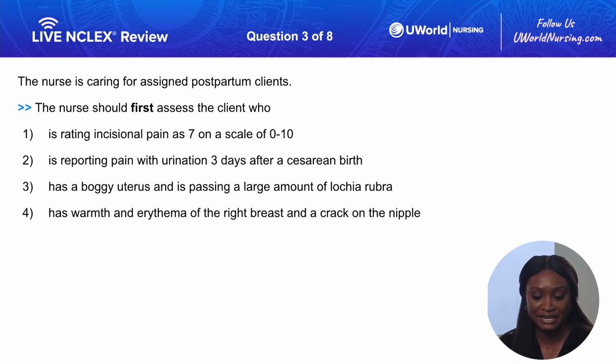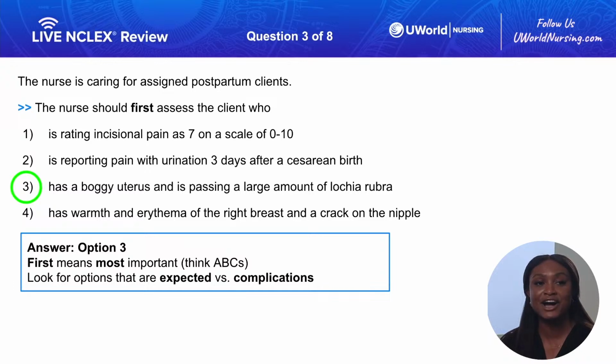Oh, lots of great answers. This one seems to be easy for you guys. Correct answer is option 3, has a boggy uterus and is passing a large amount of lochia rubra. Lochia rubra is bright red blood, and it's expected for a postpartum client, but it usually slows down and decreases as the day goes by.